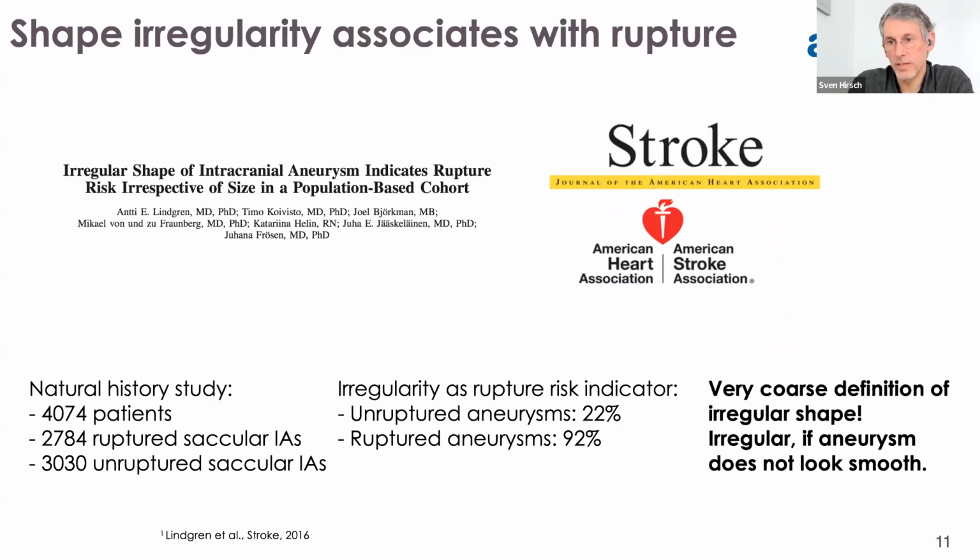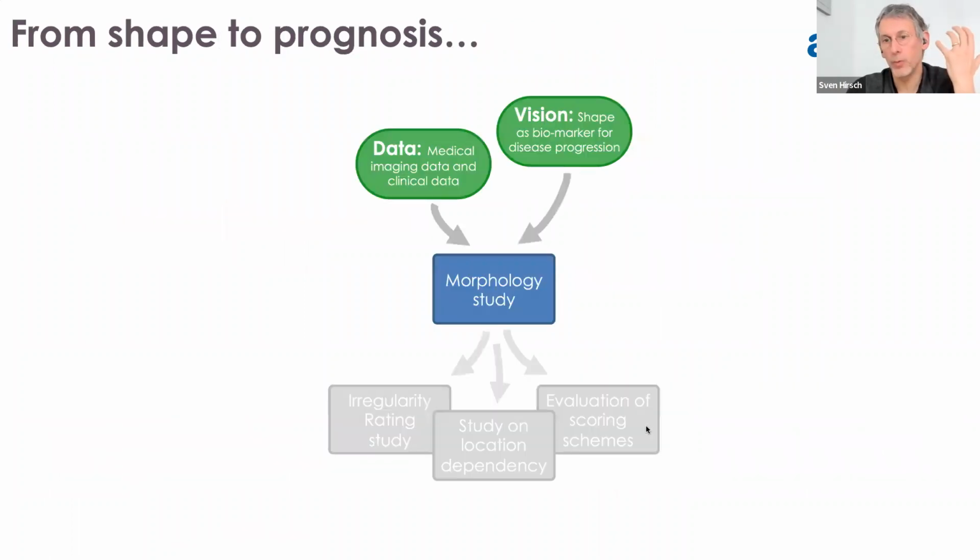And then our question was, how do you measure irregularity? Because for the clinician, irregularity just means it's not smooth, whatever that means. So there was no quantitative measure for irregularity. It was just said to be ugly, basically. So the first thing we said was, let's look at what this means. We are trying to get a language for irregularity.